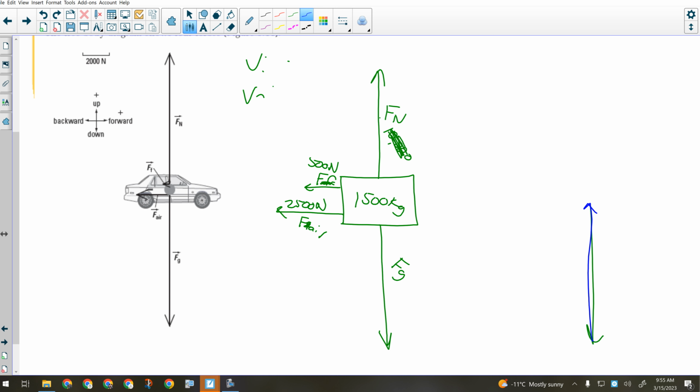I wouldn't even really draw those, would I? Like if they cancel each other, there's really no point. Okay? And then I would have 500 and 2,500, my net force then would be how much? 3,000 newtons backwards.